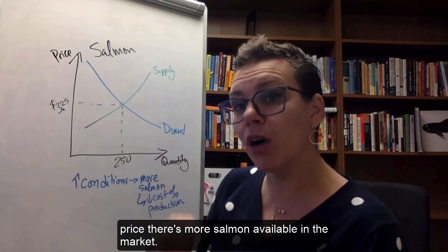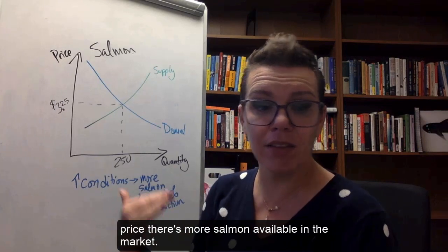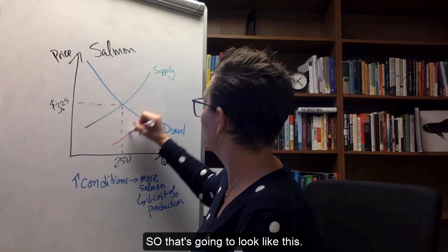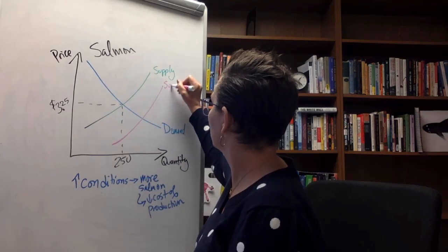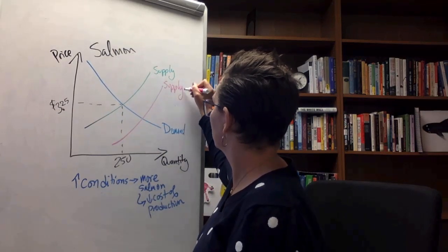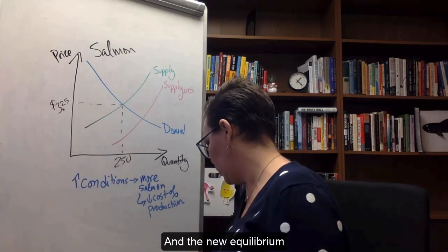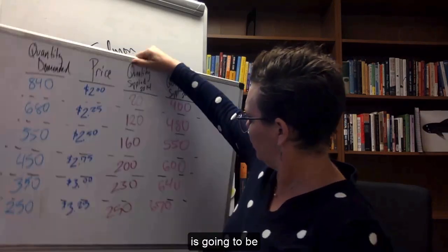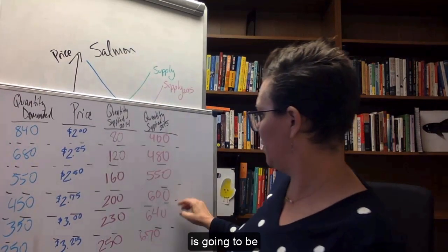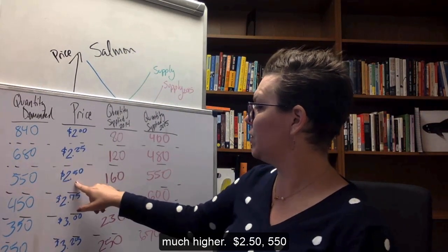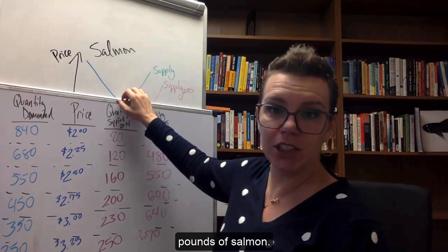At every price, there's more salmon available on the market. So that's going to look like this. And the new equilibrium is going to be much higher. $2.50, 550 units.